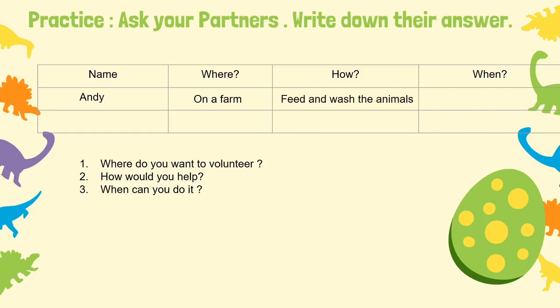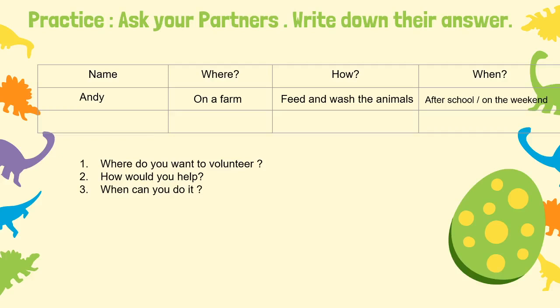She can feed and wash the animals. Now the last column, when can you do it? Her answer is after school or on the weekend. This is my partner's answer. I write down my partner's answer in the columns name, where, how, and when.